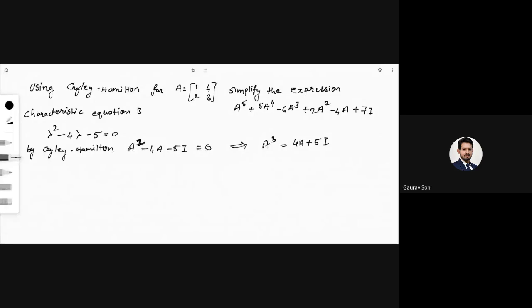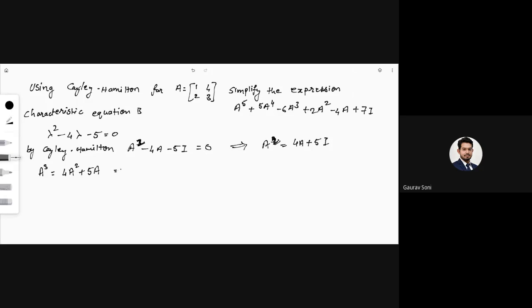So a square will be equal to 4a plus 5i. Now we go on substituting the values. You find the value of a square, then you can find the value of a cube. Multiplying by a, we get a cube equal to 4a square plus 5a.